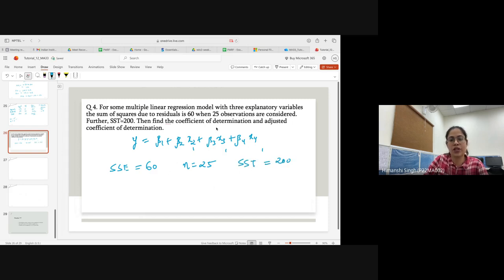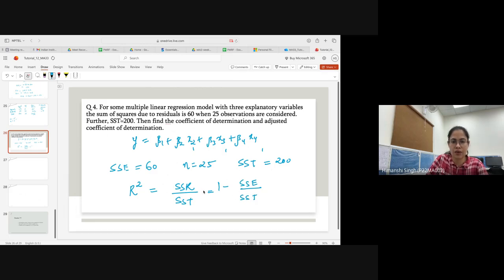Then find the coefficient of determination and adjusted coefficient of determination. So first we want to find r square, and we already know the formula. We have two formulations. One is SSR divided by SST, but we do not have SSR here. The other one is 1 minus SSE divided by SST. So obviously we'll use this.